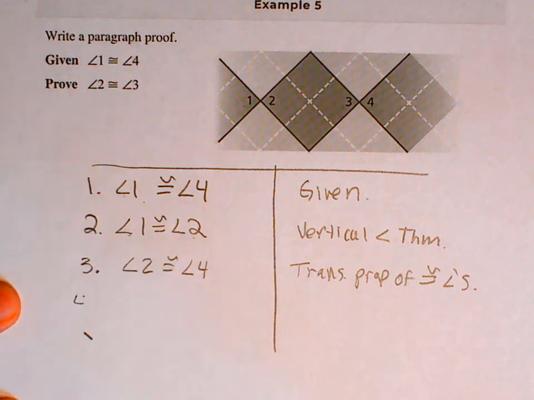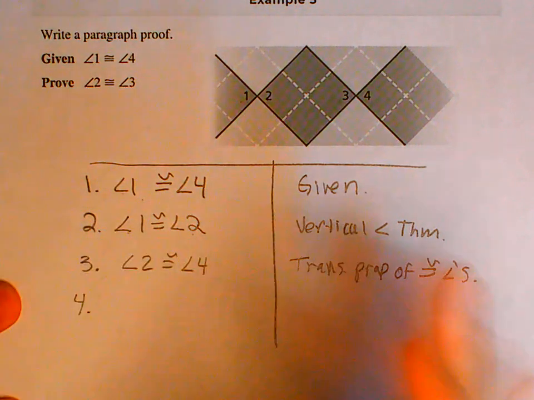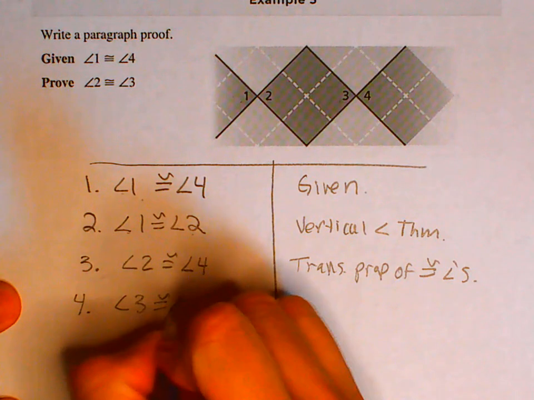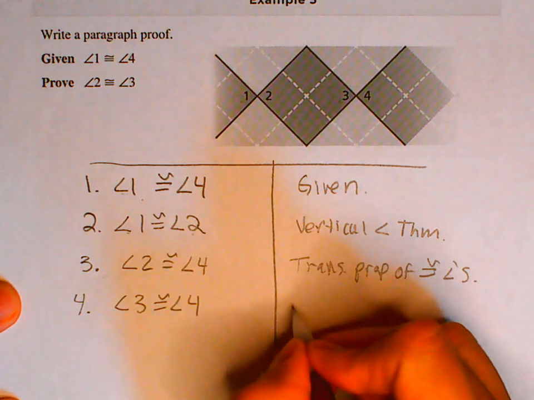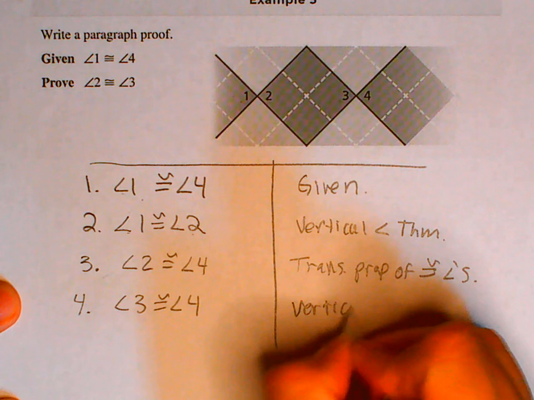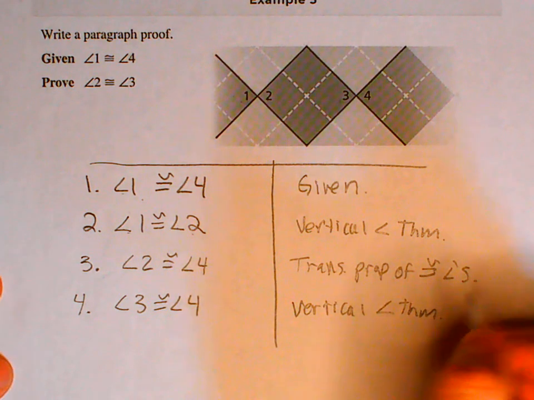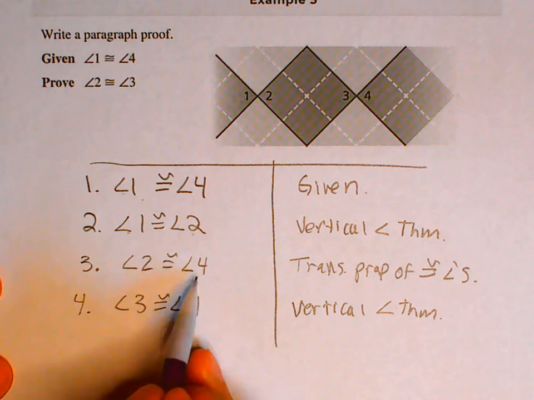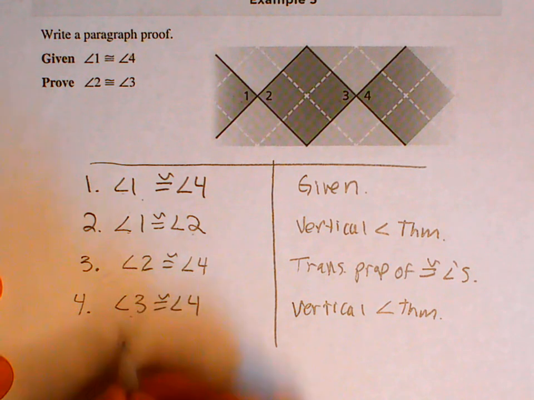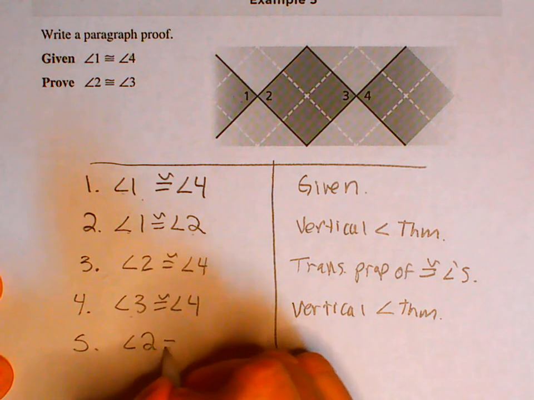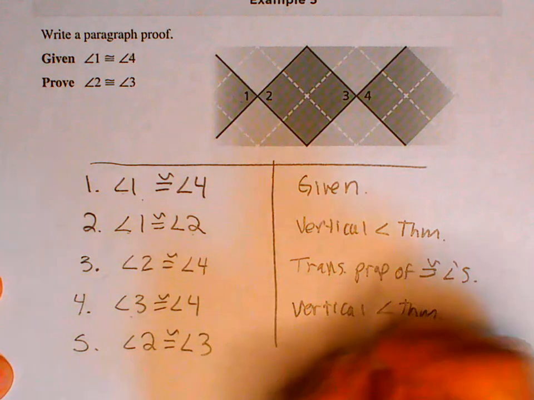Now, what about 3 and 4? Well, for the same reason, angle 3 is congruent to angle 4 because they are indeed vertical angles. So now, if 2 is congruent to 4 and 3 is congruent to 4, again by the transitive property, angle 2 is going to be congruent to angle 3.